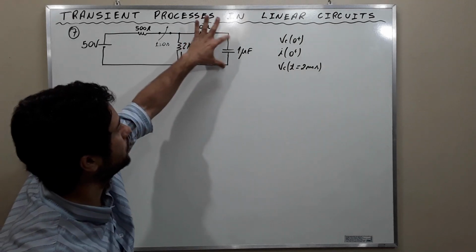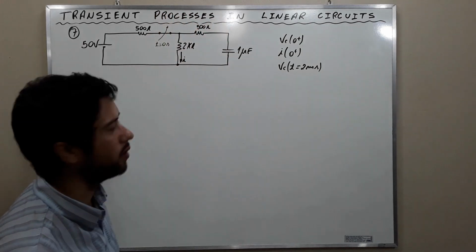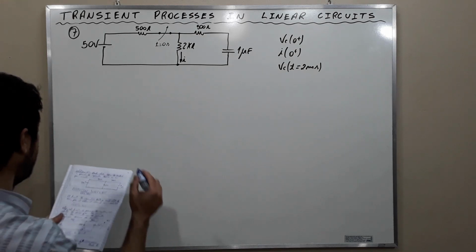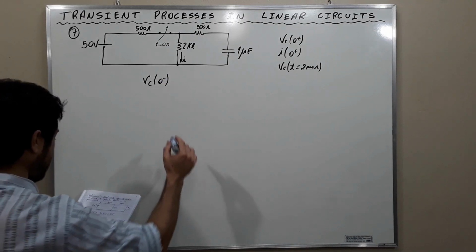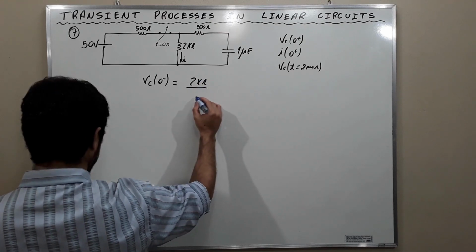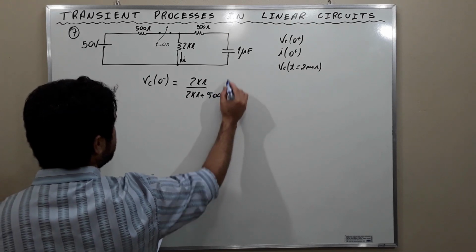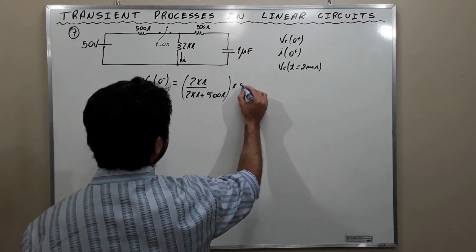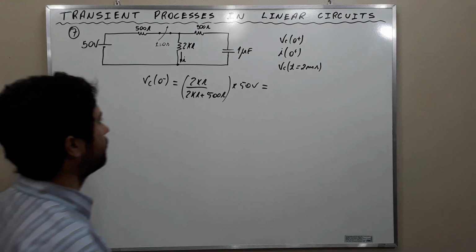Okay? This voltage here will appear here. They will be the same because there is no current. We simply apply the voltage divider rule and we find that Vc of 0 minus is equal to 2 kilo ohms over 2 kilo ohms plus 500 ohms, times the voltage of the power supply, and this is 40 volts.